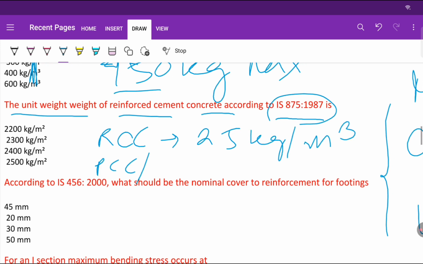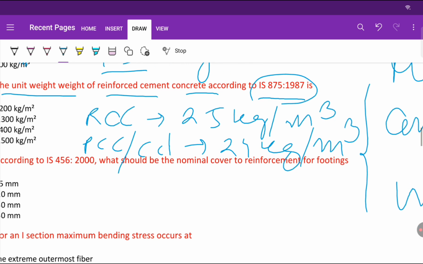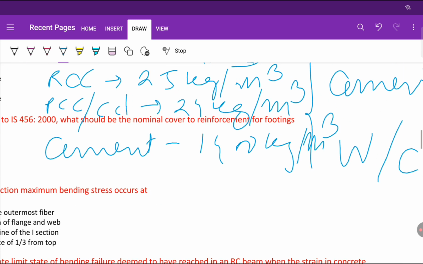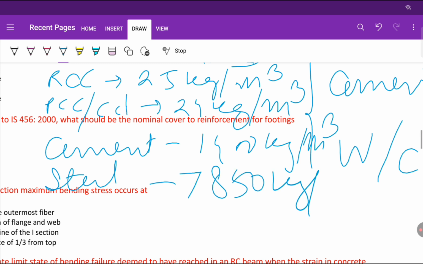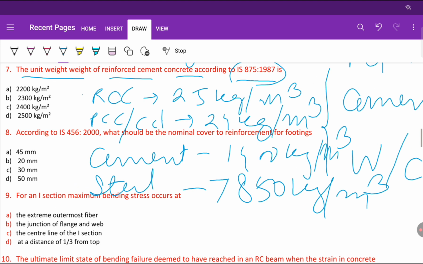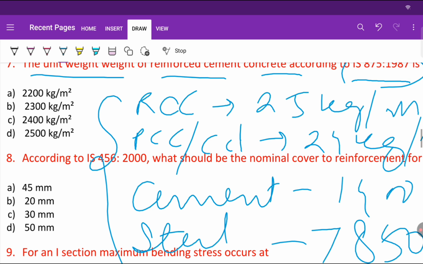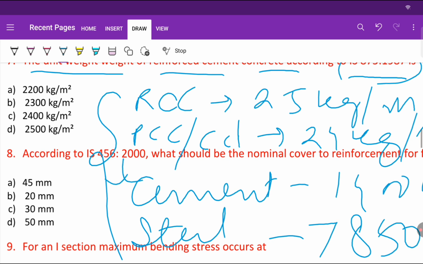For PCC or plain concrete, it is 24 kN per meter cube, right? For cement it is 1400 kg per meter cube, right? And for steel it is 7850 kg per meter cube, right? So this thing you should remember. Okay, you should remember this. These are important sometimes.